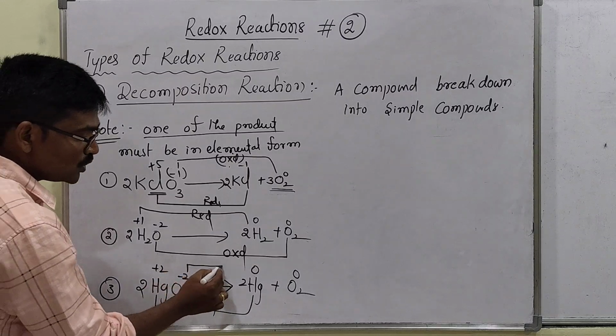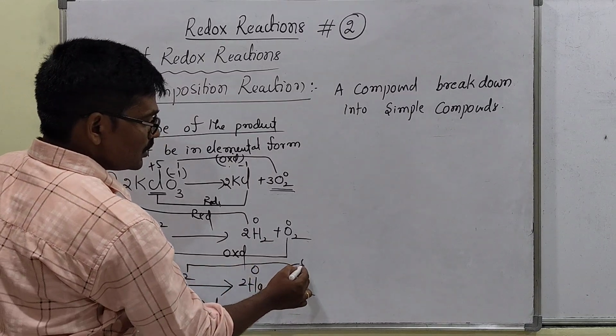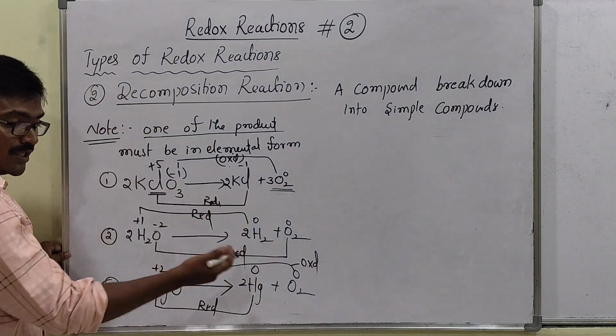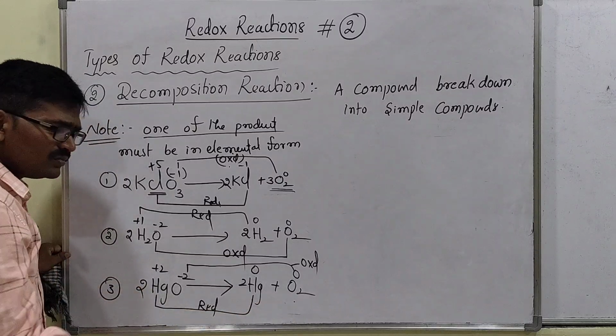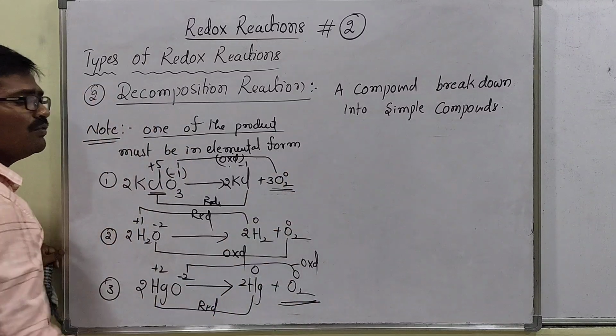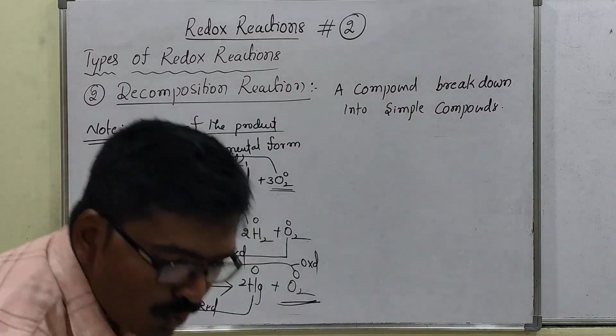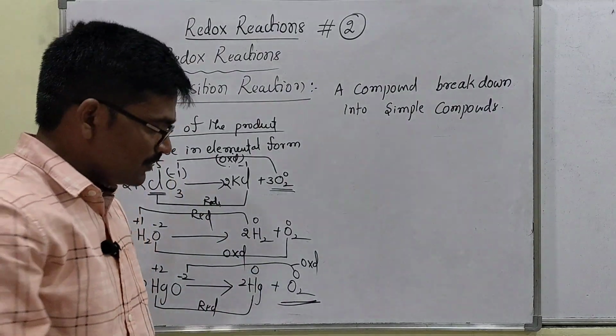Then minus 2 to 0, the oxidation number increases, so oxidation. According to the definition, it decomposes into simpler compounds, and one of the products is in elemental form. Clear, my dear students?